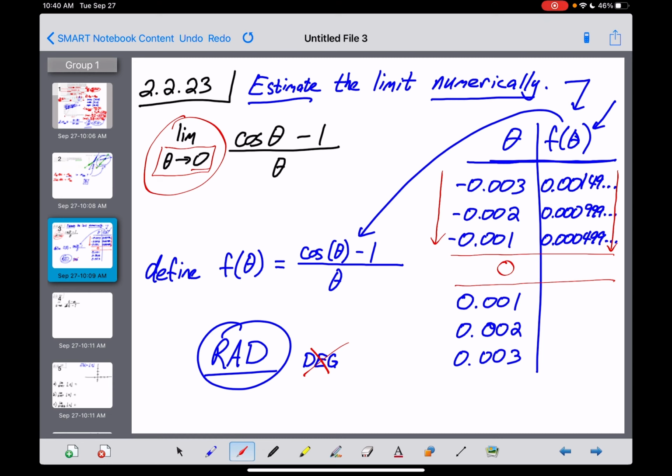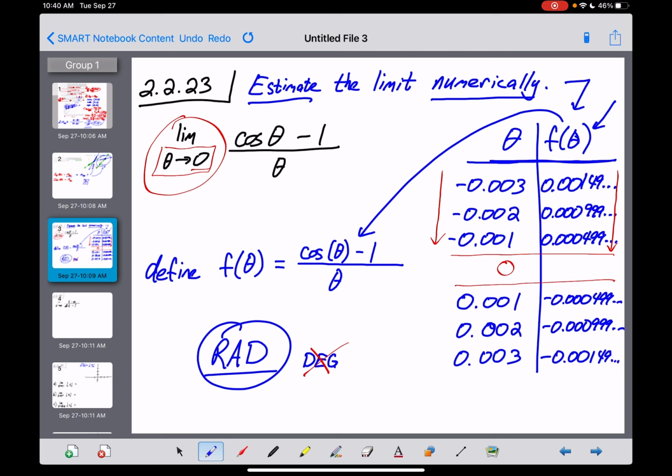Let's do the same thing down on the bottom, and I think you're going to start to see some similarities. Yep, sure enough, now I'm at negative 0.000, and then a 499, and then negative 0.000, and then it looks like 999, and then a negative, this one is not in scientific notation, 0.00149.